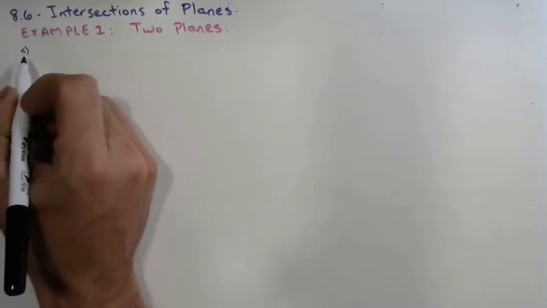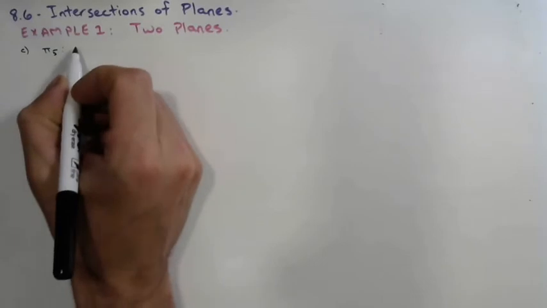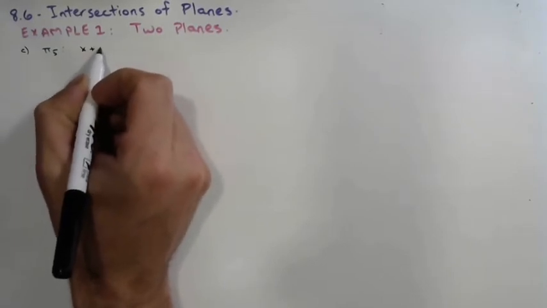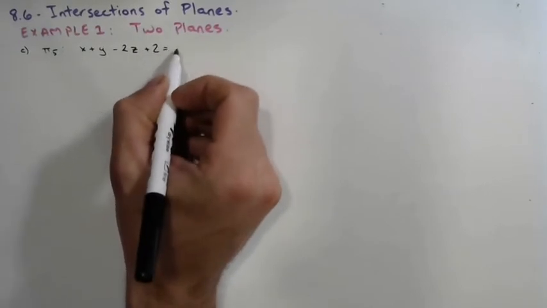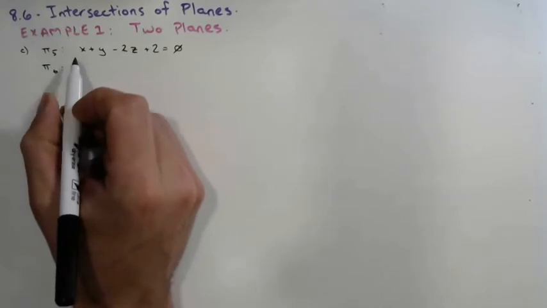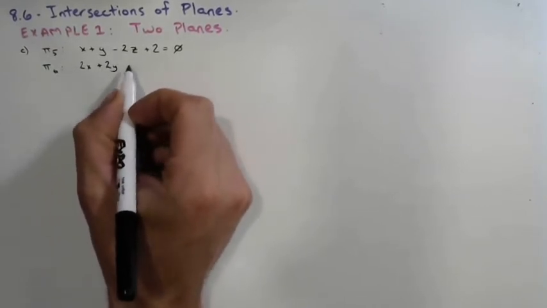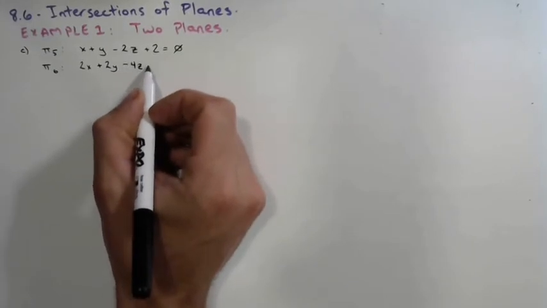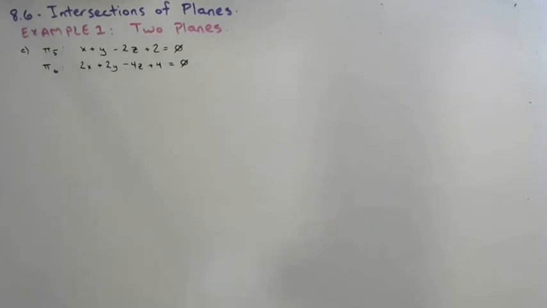In example 1, part C, we are given plane 5, which is x plus y minus 2z plus 2 equals 0, and plane 6, which is 2x plus 2y minus 4z plus 4 equals 0. And again, we're going to test whether or not they are parallel.